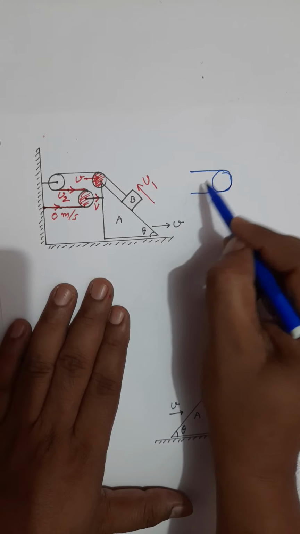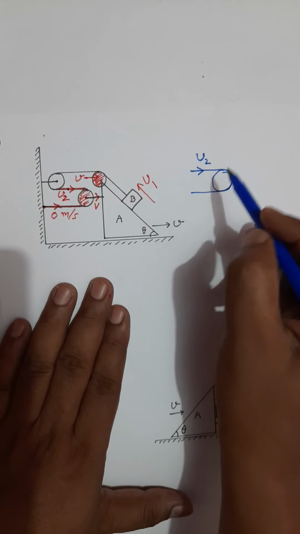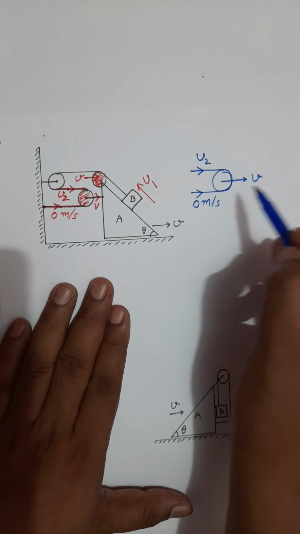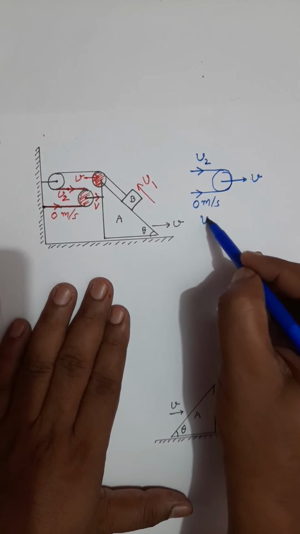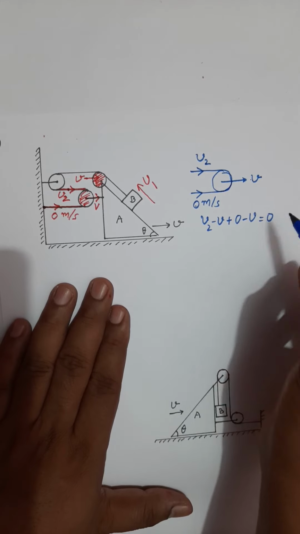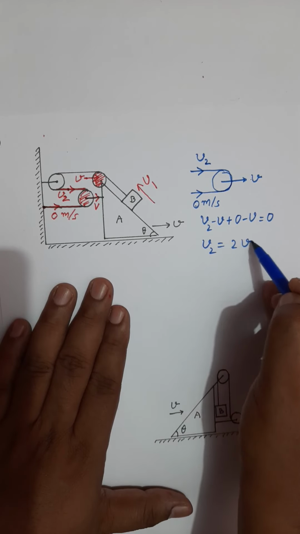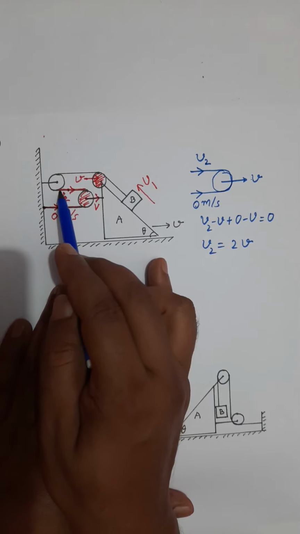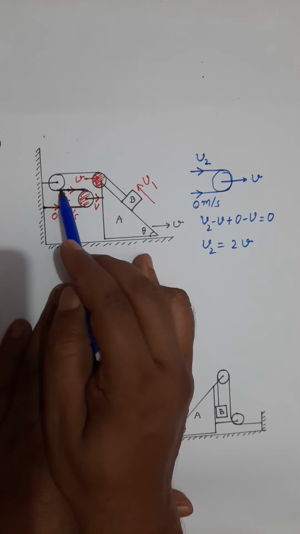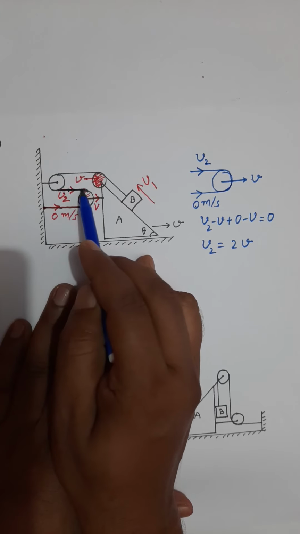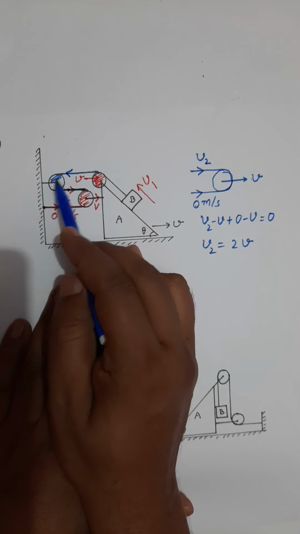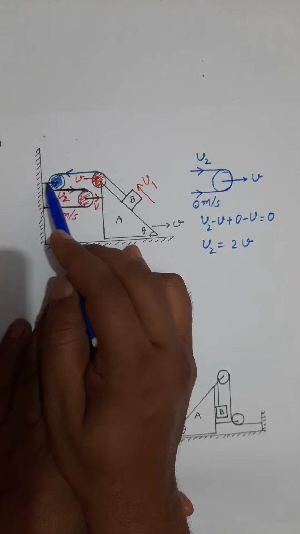You have a pulley where this portion of string is moving with a V2 velocity, the other side you have 0 velocity, and the pulley goes with velocity V. So you will write V2 minus V plus 0 minus V equal to 0, and you get V2 equals twice of V. That means this portion of string is moving forward with 2V velocity, and if this portion of string goes forward with 2V velocity, the upper portion will move left, since this is a fixed pulley attached to the wall.